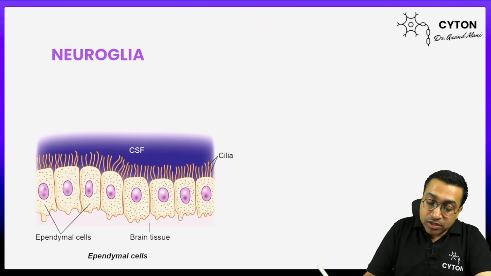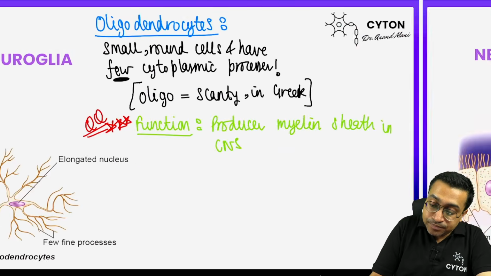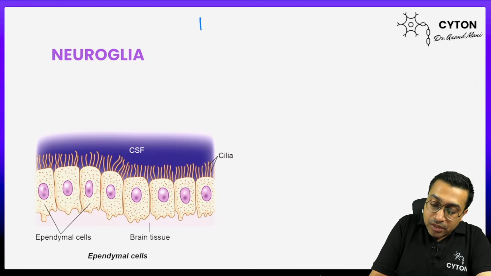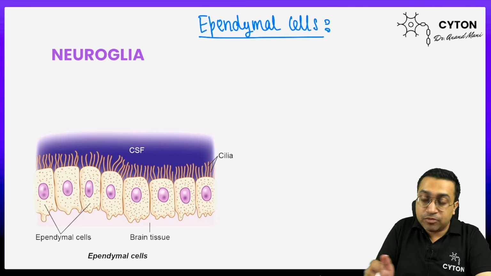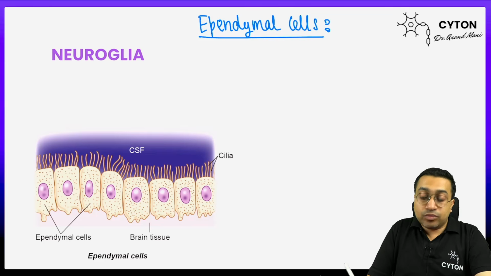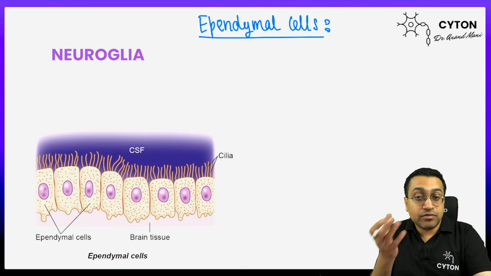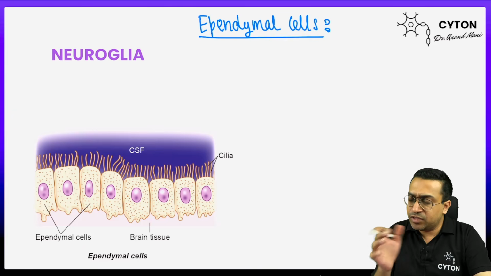Then we come on to the third category, that is ependymal cells. Please see the spellings when you write correctly. In the exams, your marks will be cut if you write the incorrect spellings. So the cavities of the central nervous system are lined by epithelium-like ependymal cells, which is a very important topic.